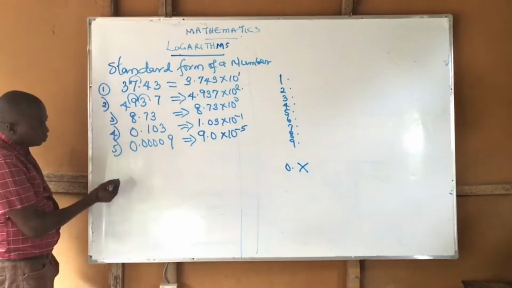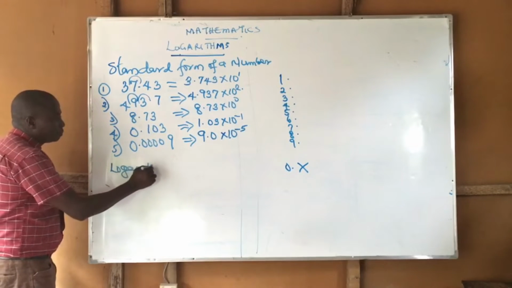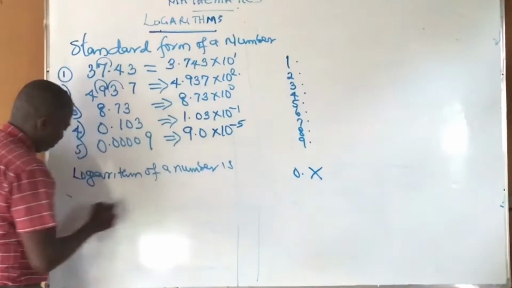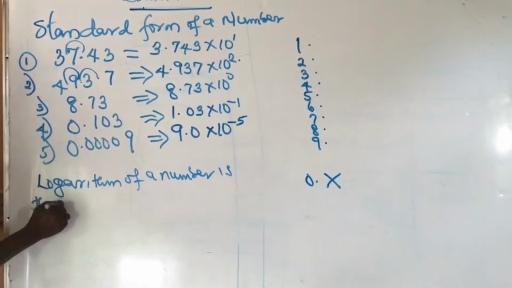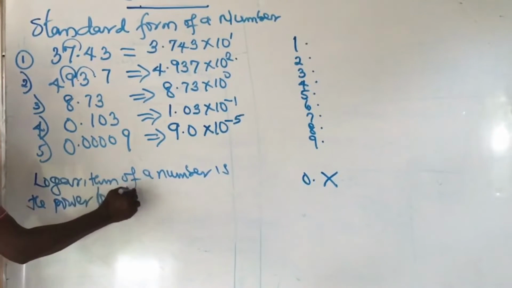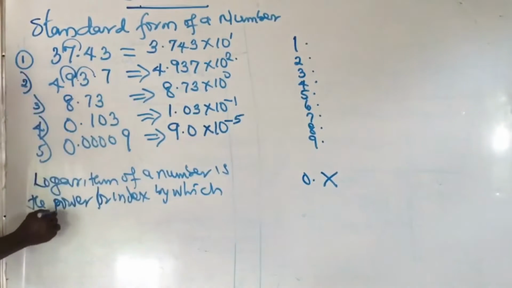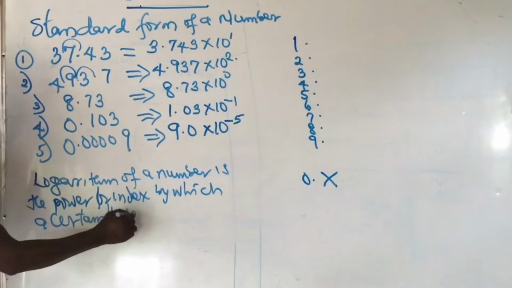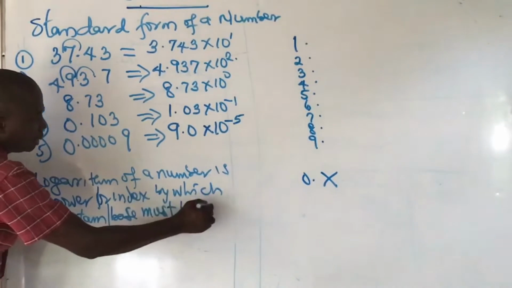Now, when we talk about logarithm, what is logarithm? Logarithm of a number is the power or index by which a certain number or base must be raised.